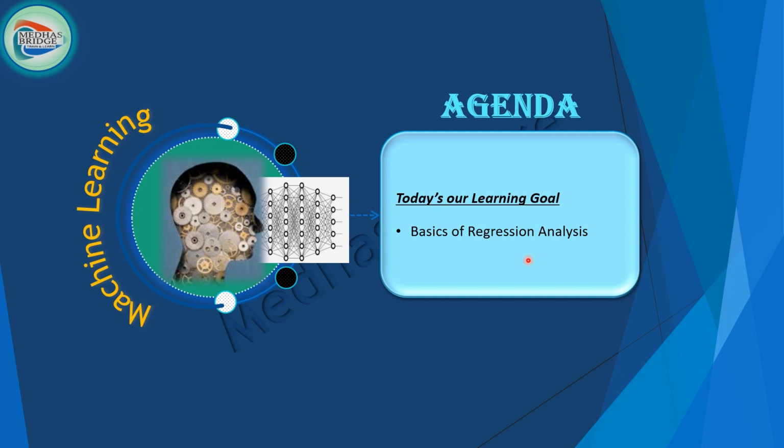So to handle these social problems, obviously we would like to have some kind of statistical concept which is going to help us build a math model or predict the outcome of a particular event, isn't it? That's why regression analysis is a machine learning technique which we use widely.